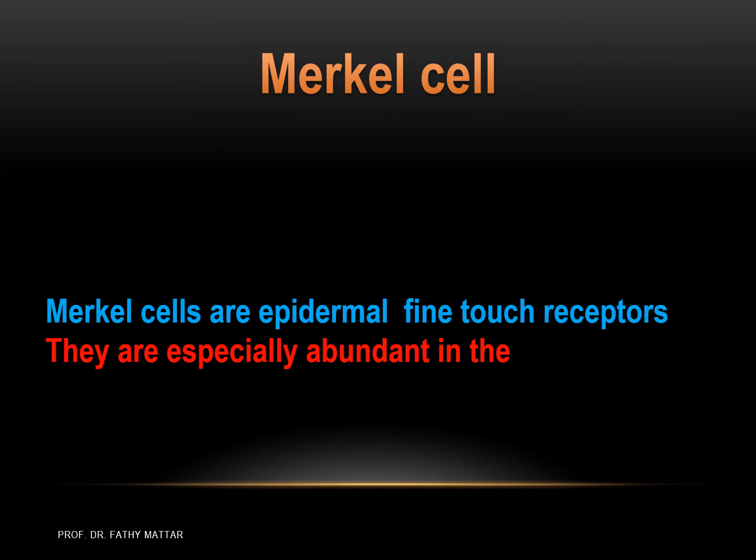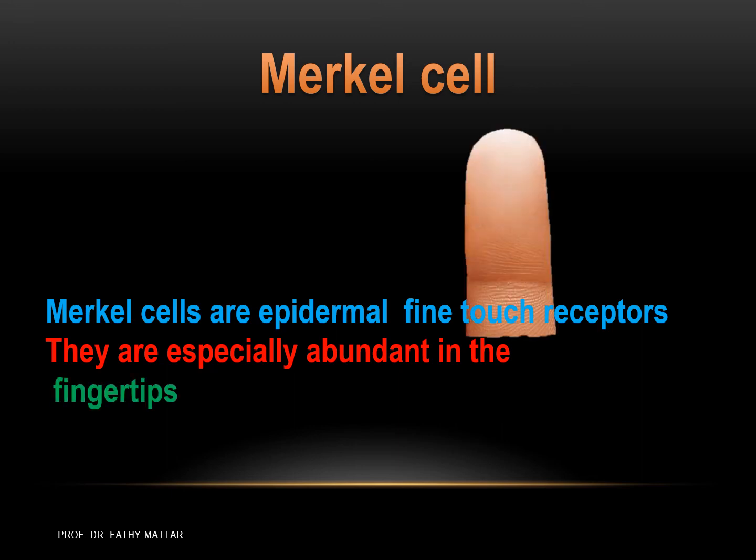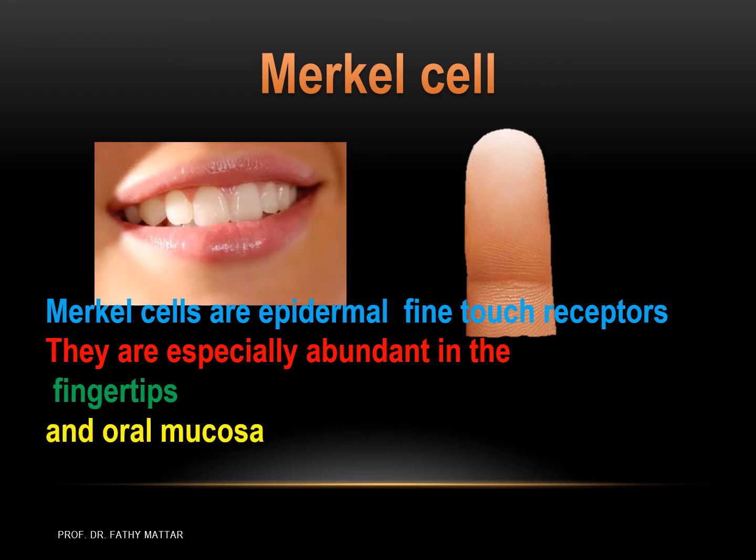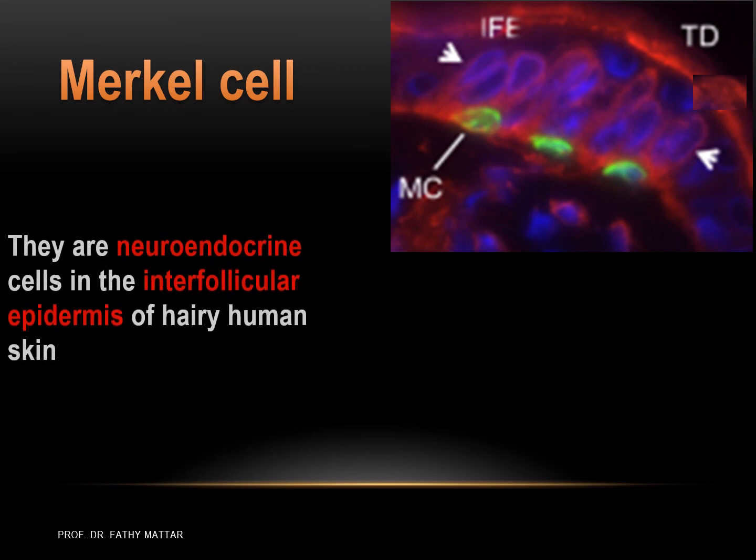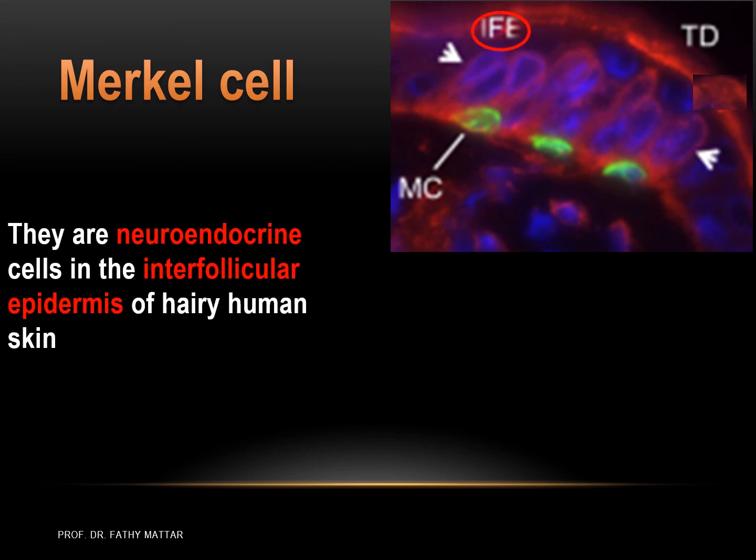Merkel cells. Merkel cells are epidermal fine touch receptors. They are especially abundant in the finger tips and the oral mucosa. Merkel cells are neuroendocrine cells in the interfollicular epidermis of human skin. Interfollicular means the epidermis which is found between the hair follicles.